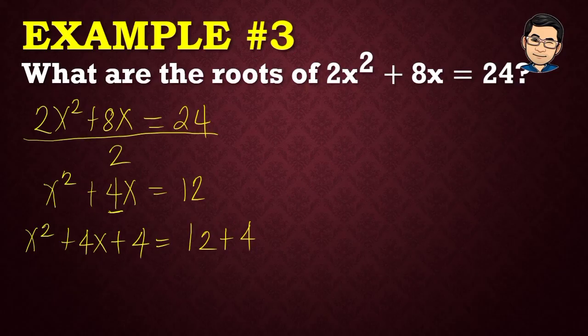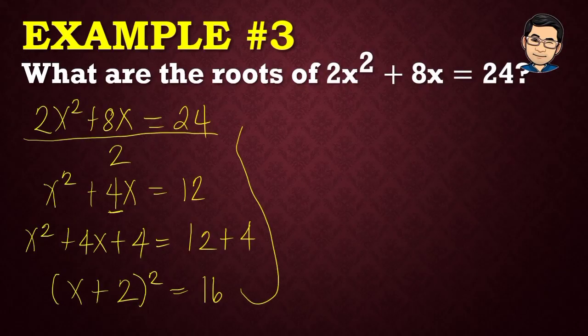So, and then, itong x squared plus 4x plus 4 na to, express natin in the form of a square of binomial. Magiging the square root of x squared equals x. Follow the sign of the middle term, and then square root of 4, the last term, 2. And then squared. 12 plus 4 is 16.